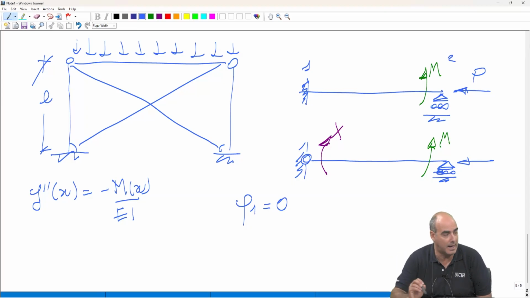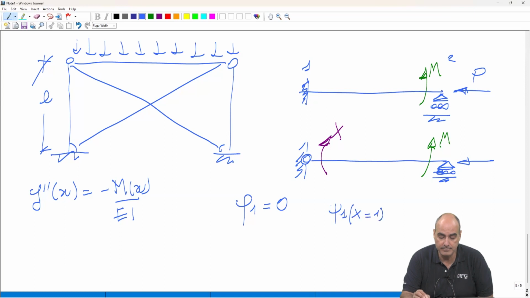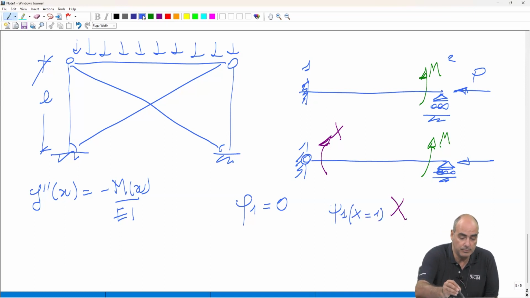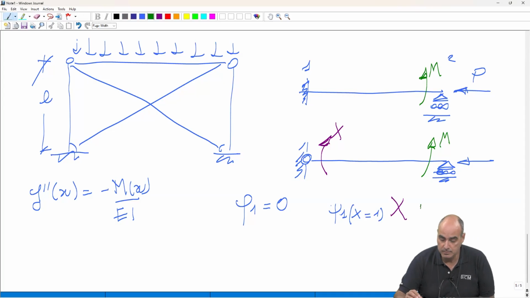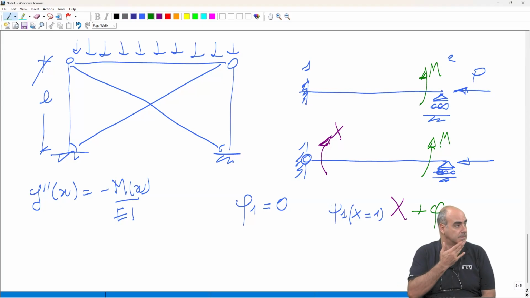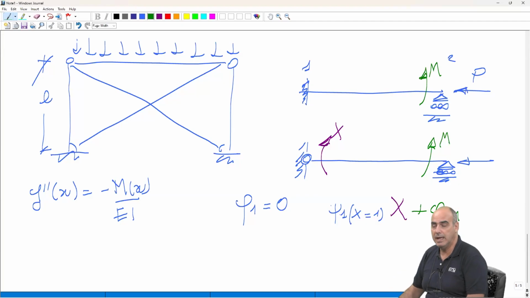We say phi1 has 2 components. One is due to the unknown moment, and the other one is due to the external action. I know them like that.